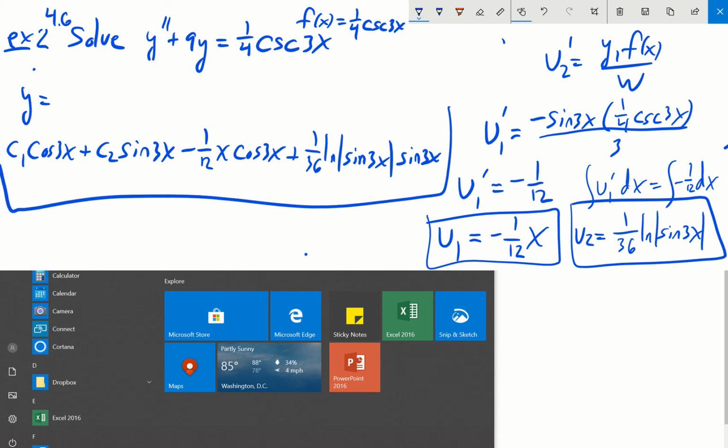And so this would be our general solution. So we've gone ahead and actually solved this differential equation.